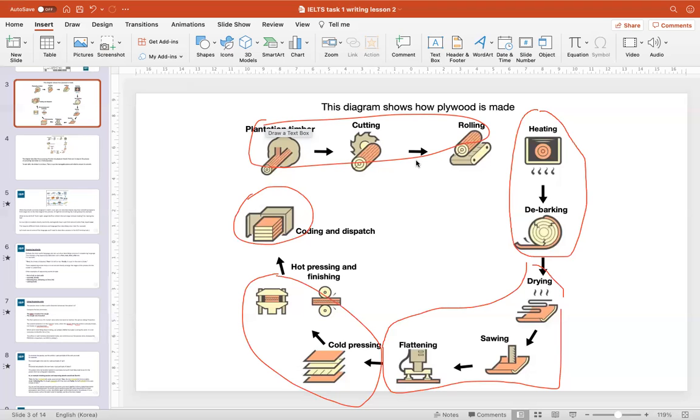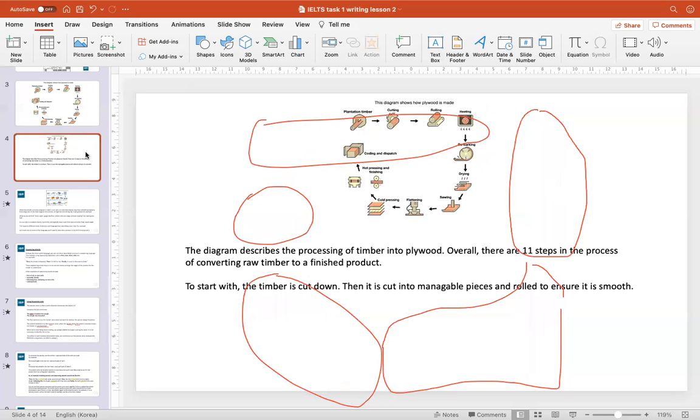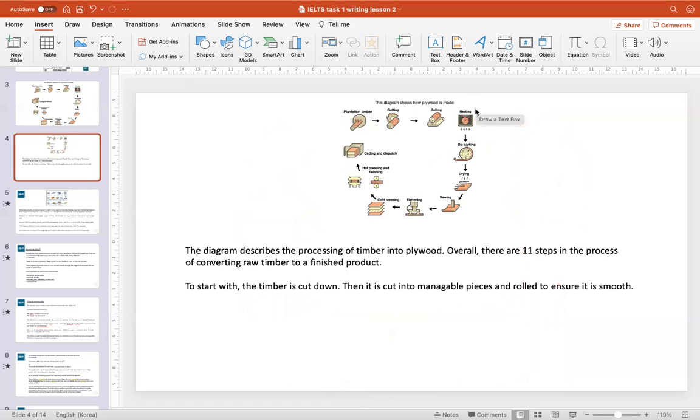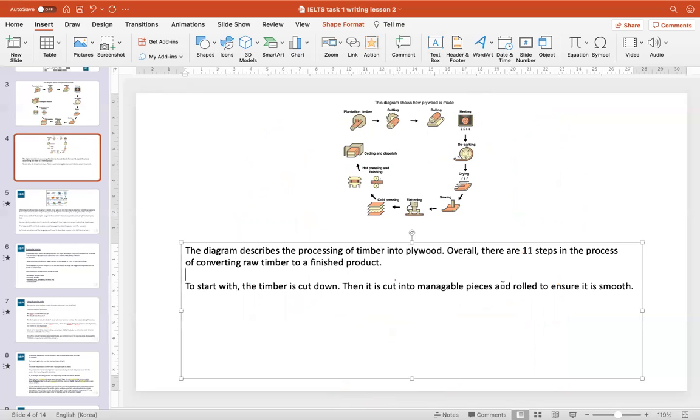The best way is to think about what's the most logical way to do it, which ones make sense together. As long as it's clear to your reader what's going on, that's the main key. So we do it as clearly as possible for the reader to understand. Start with: timber is cut down, then it's cut into manageable pieces and rolled to ensure it's smooth.